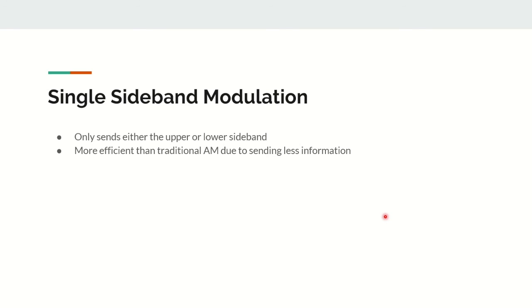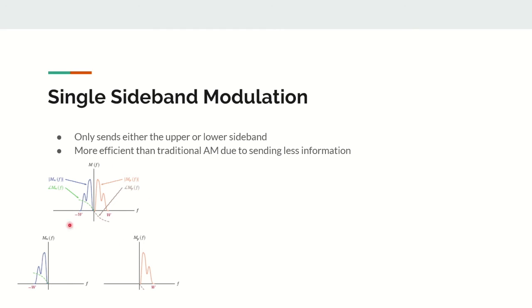Our next type of modulation is going to be single sideband modulation. This is very complex mathematically, so we're not going to go too much into depth on that end. But basically what it does conceptually is it only sends either the upper or lower sideband. This is much more efficient than traditional AM since it's sending half as much information.